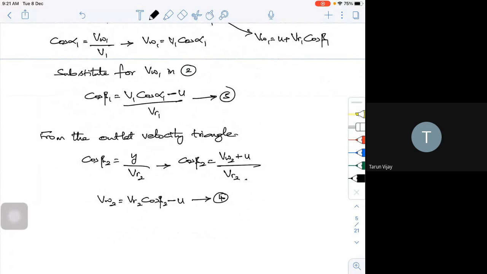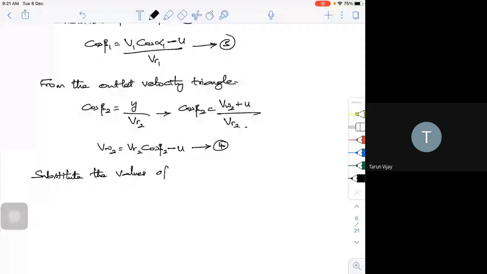So I can simplify my equation 1. Substitute the values of VW1 and VW2 in equation 1. VW1 is equal to U plus VR1 cos beta 1.